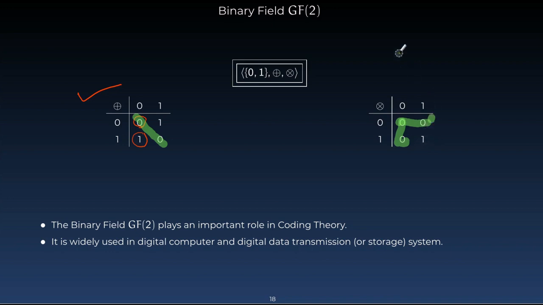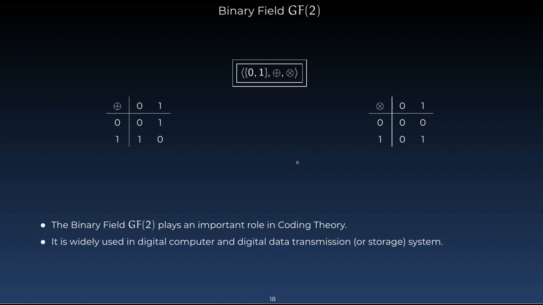So we can say for certainty that this is a field, and this is a binary field which contains two elements. Now why do we consider the binary field? Because it plays a very important role in coding theory. It is widely used in digital computers and digital data transmission or storage systems.